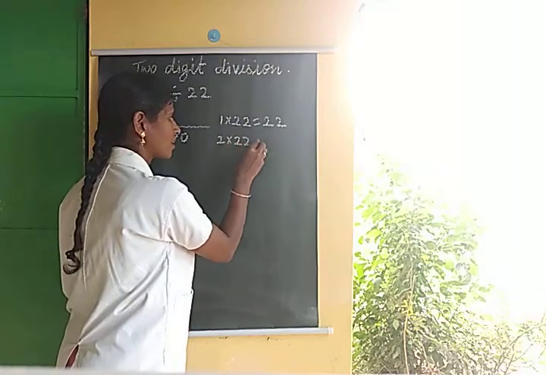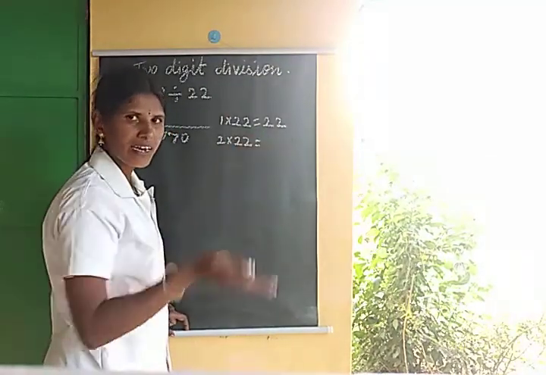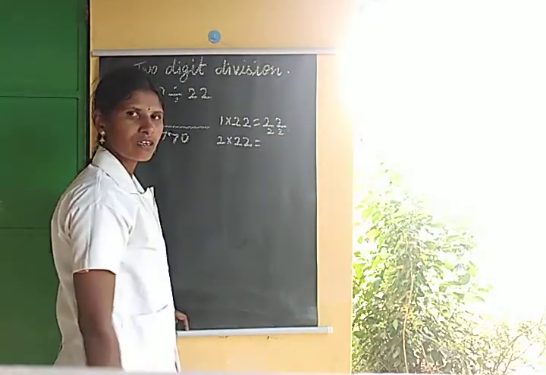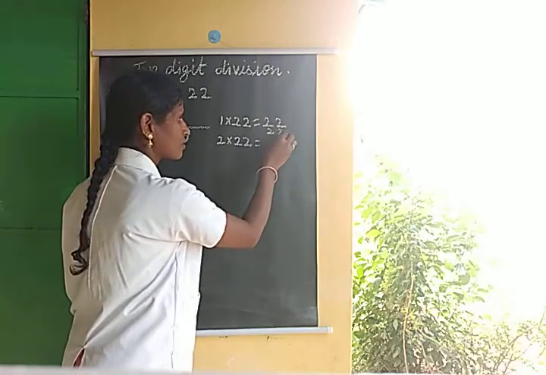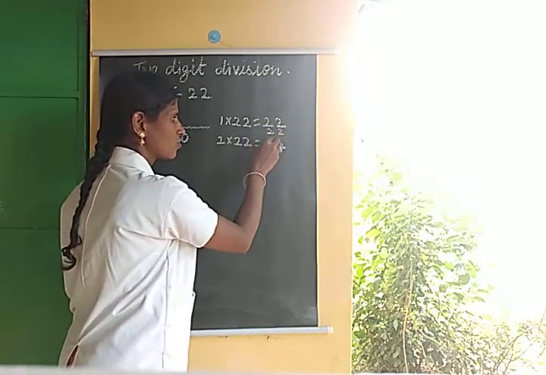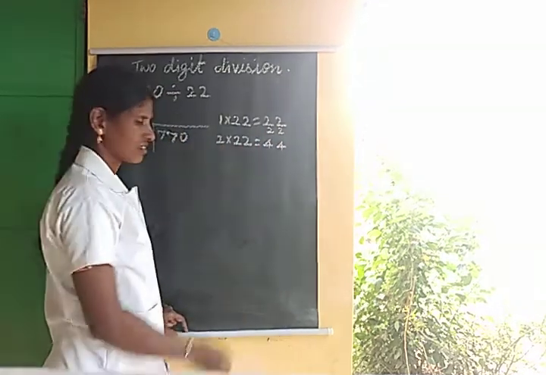2 22s are equal to. We just have to add and write. Write 22 here small. Add and write: 2 plus 2 is 4, so 2 22s are 44.